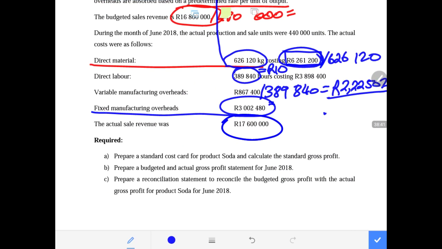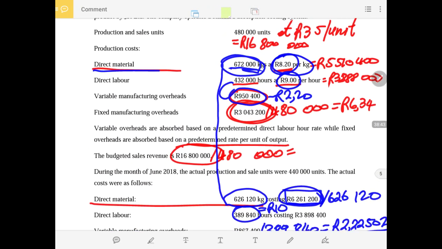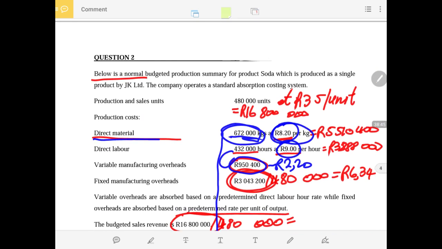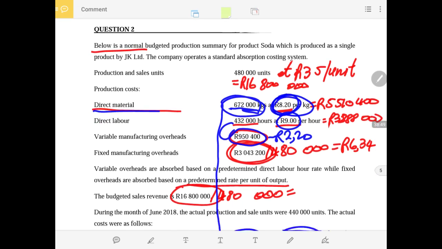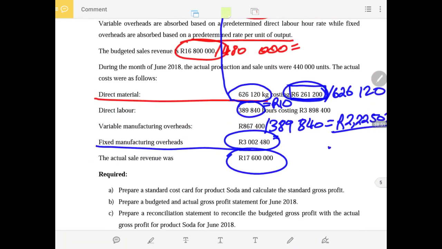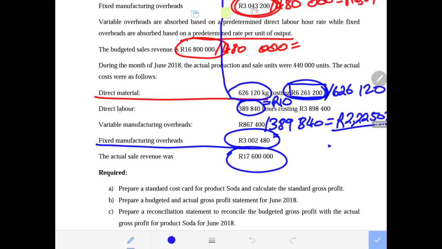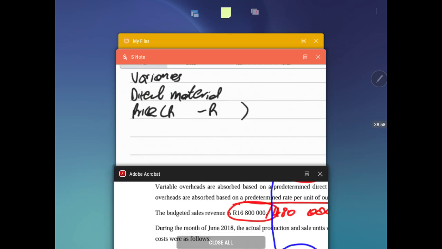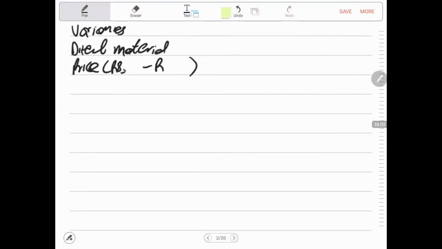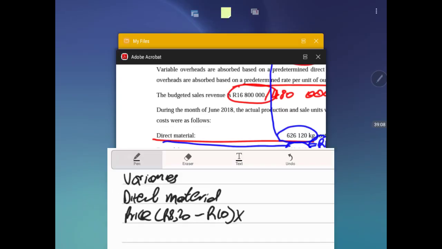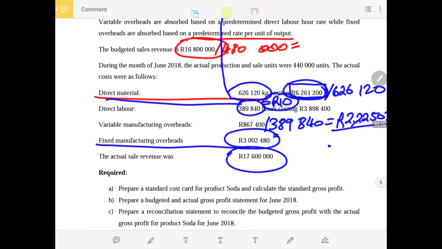Our standard price of material is 8 rand 20 cents, and the actual price of material was 10 rand. So 8 rand 20 cents minus 10 rand, times the actual quantities that were bought, and the actual quantities that were purchased are also given to us.